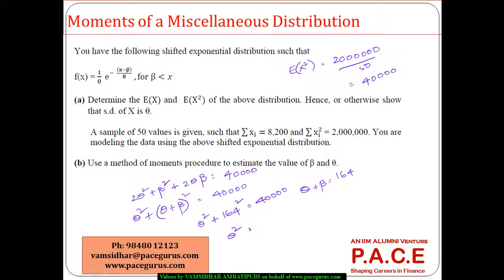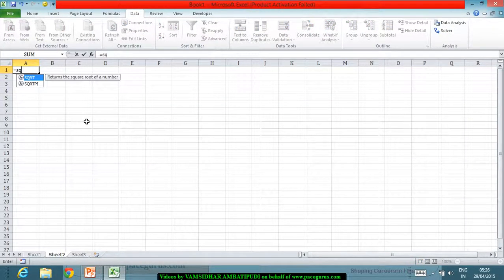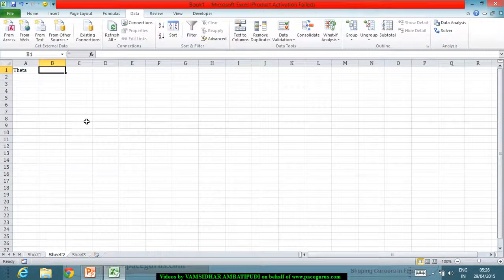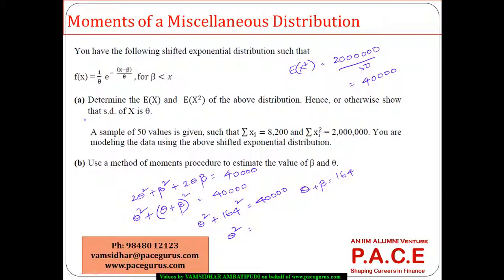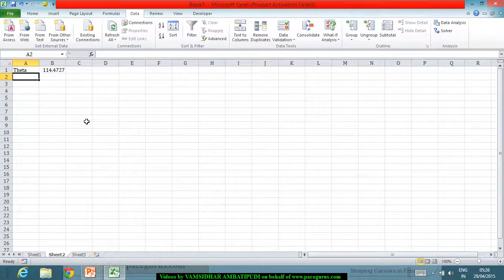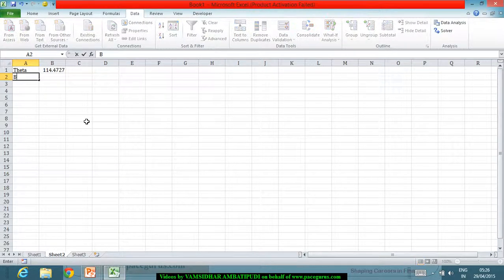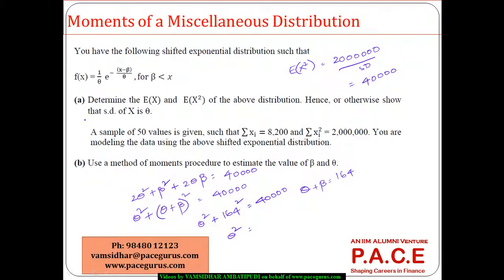I can find my theta squared, which is 40,000 minus 164 squared, and from there I can compute theta, the square root of 40,000 minus 164 squared, which gives theta around 114.47. And I know theta plus beta is 164, so my beta is 164 minus theta, giving me 49.52.